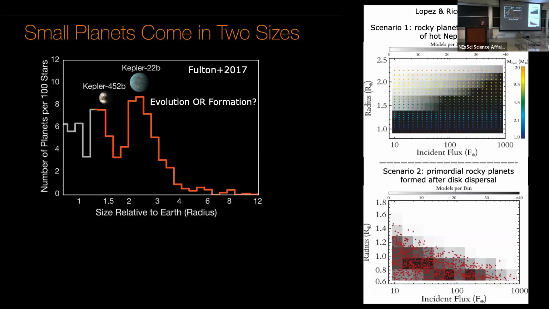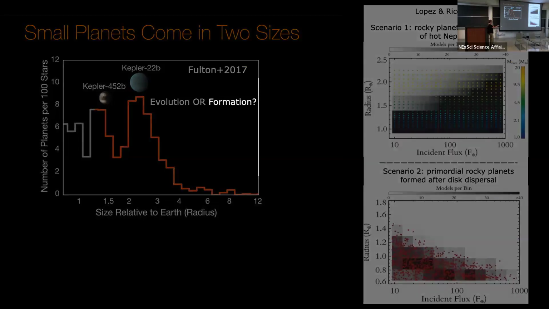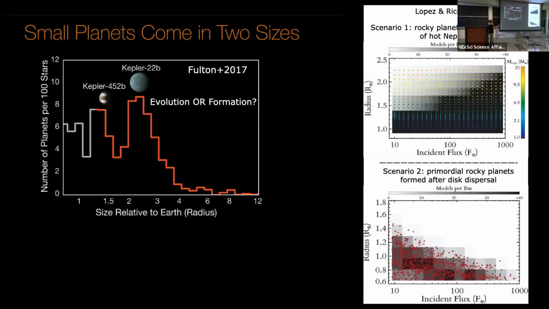On the top are results from the case of evolution. In that case, your super-Earths would be the stripped cores of the sub-Neptunes. So sub-Neptunes would have a gaseous atmosphere, and then with time, that would have been lost.